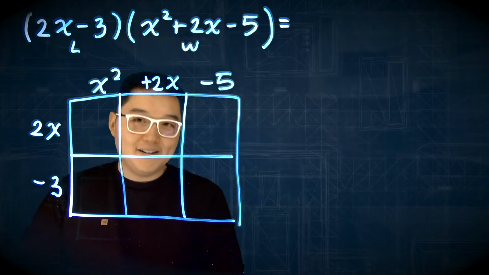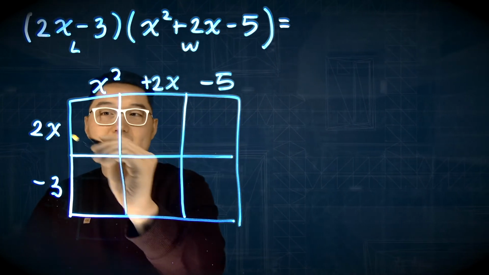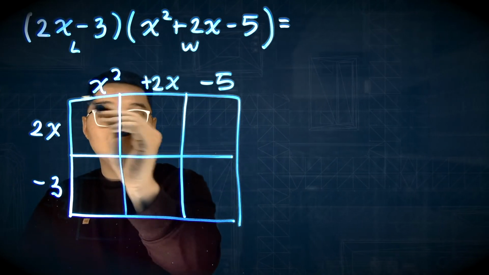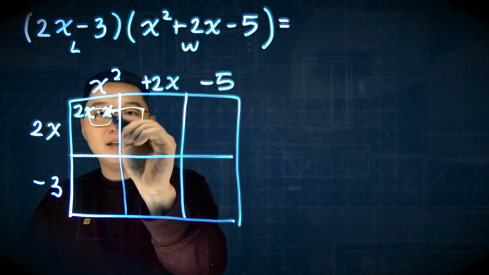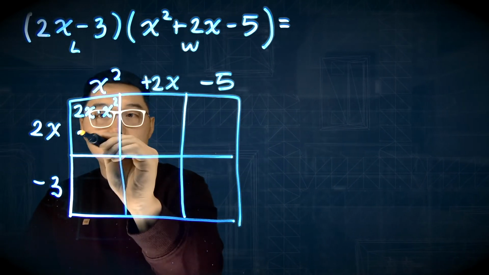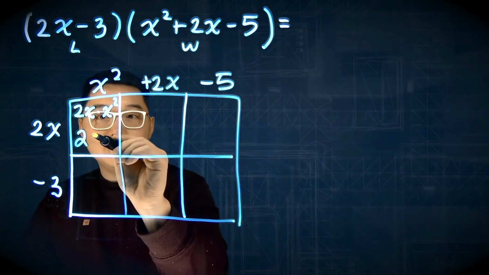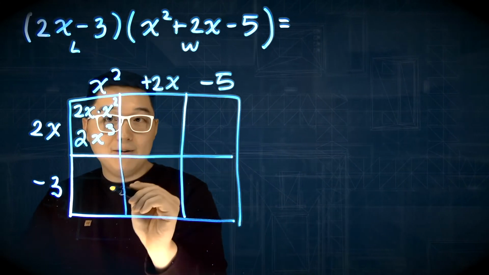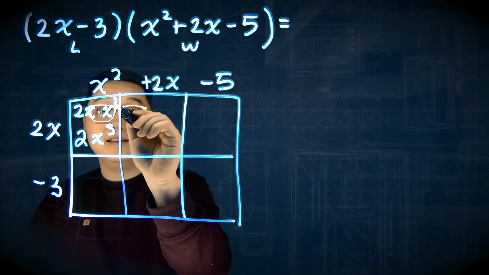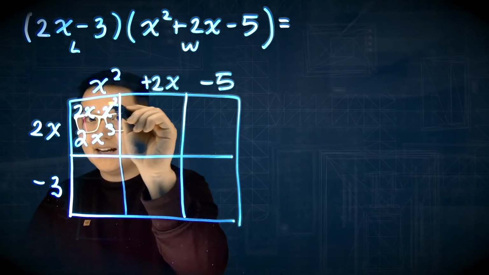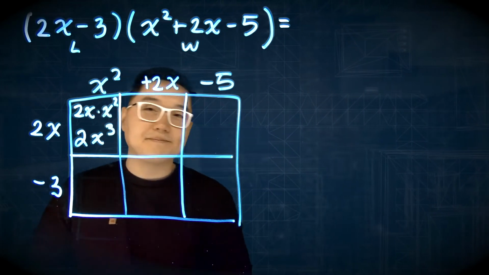So what's the area of each individual part? This area is 2x times the width of x squared. 2x times x squared: that is 2, and then x times x squared is x to the third power, because x times x, and then x again, is x to the third power.